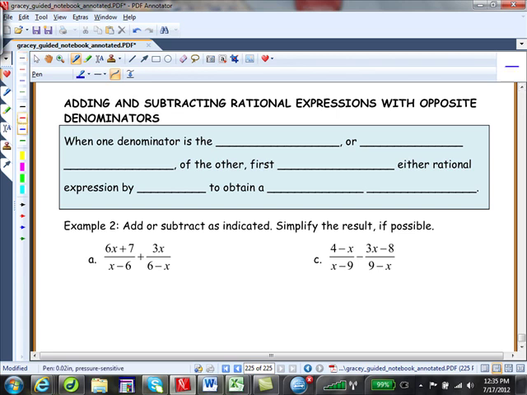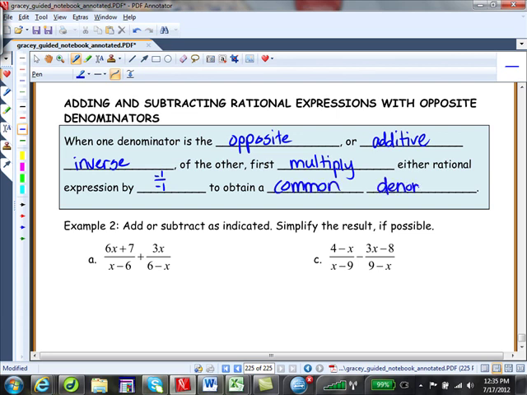So when one denominator is the opposite or additive inverse of the other, first multiply either rational expression by -1 over -1 to obtain a common denominator.